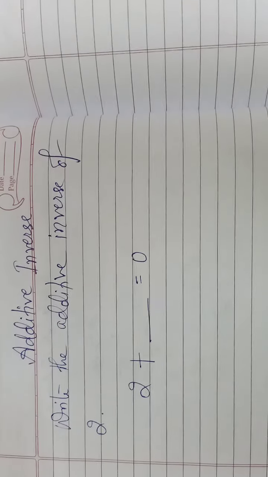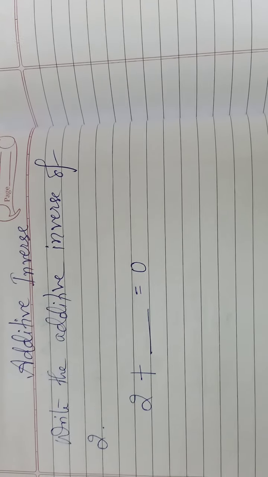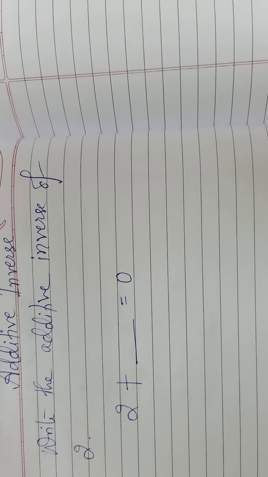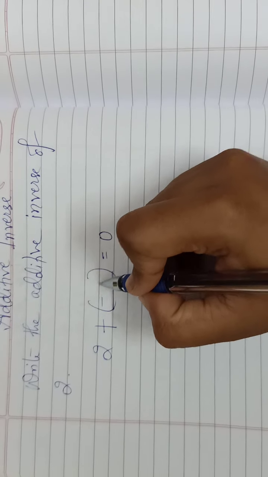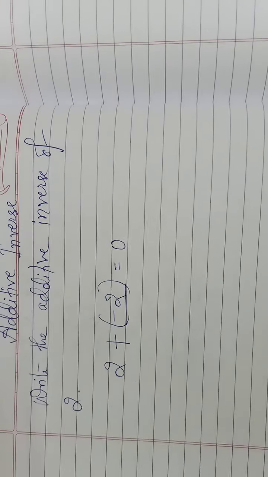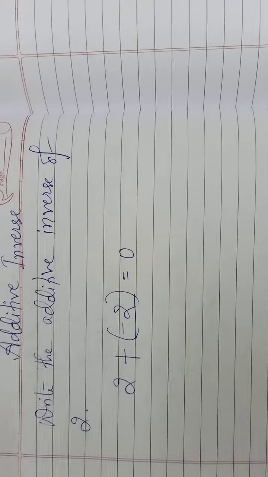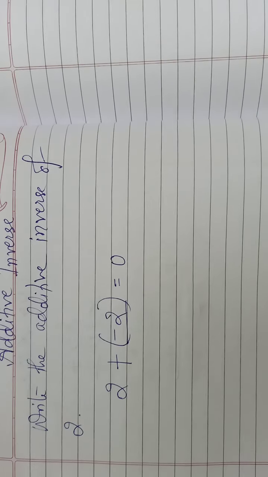So yes, now can you answer it? Minus 2. Yeah, okay. So when you add 2 with minus 2, you get 0. So minus 2 is the additive inverse of 2.